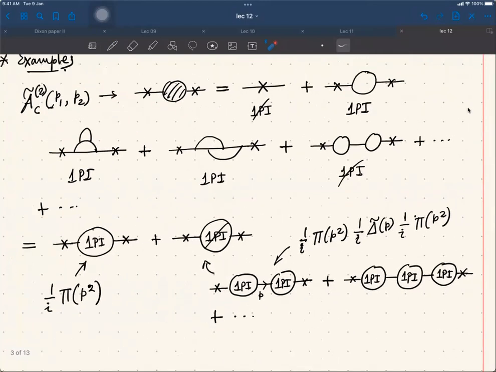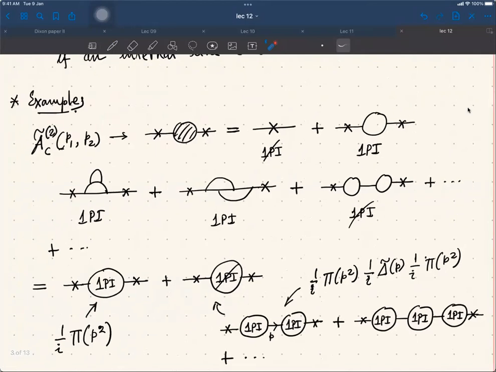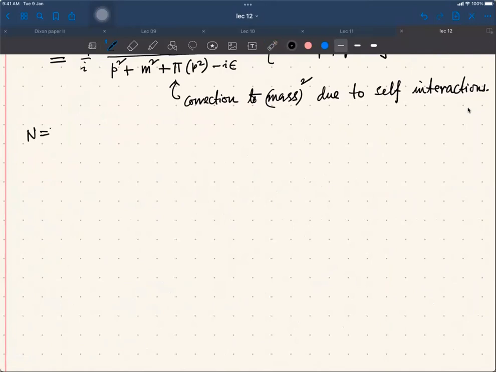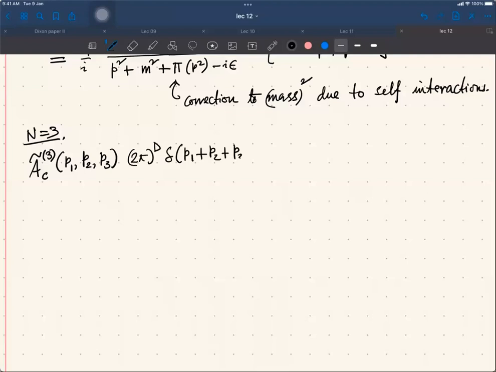Now this is about the 2-point function, so this is n equal to 2. Now let's go to n equals 3. In n equals 3, a tilde 3 connected of p1, p2, p3 times 2 pi to the power d times delta p1 plus p2 plus p3.